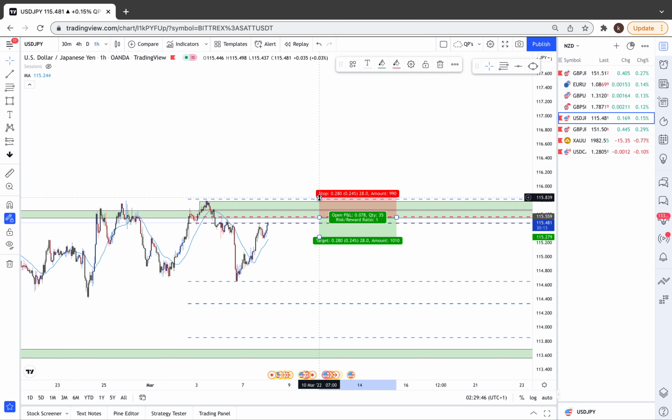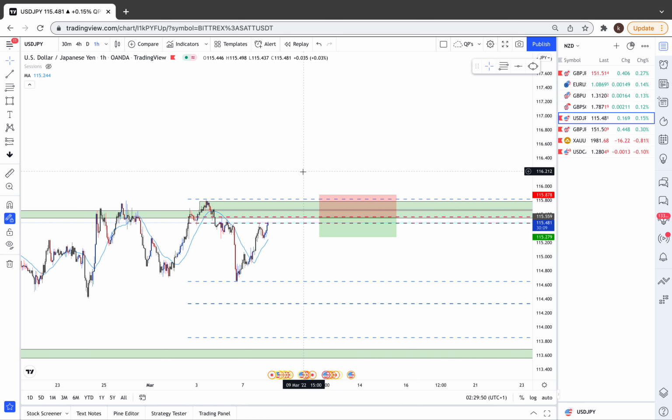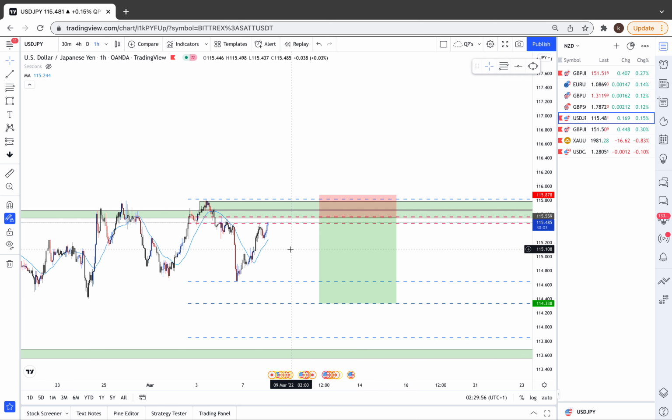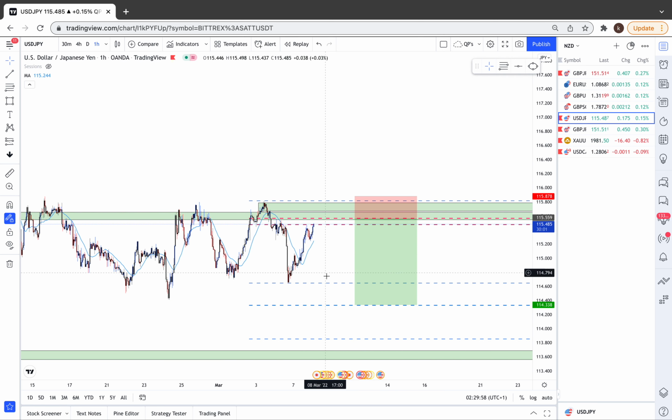I put my stop loss not exactly on the 100 because of this structure, but just a little bit above. That would be the first target and then the second target, but let us aim for the first target. Once it comes to the zero region right here, I take 1/3 or 50% of my profit, put my stop loss to break even, and let's see how far we can actually go for our next targets here and here.